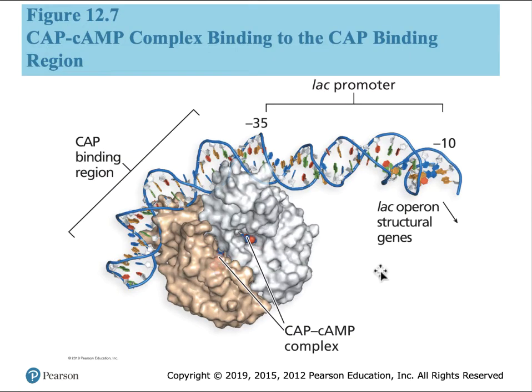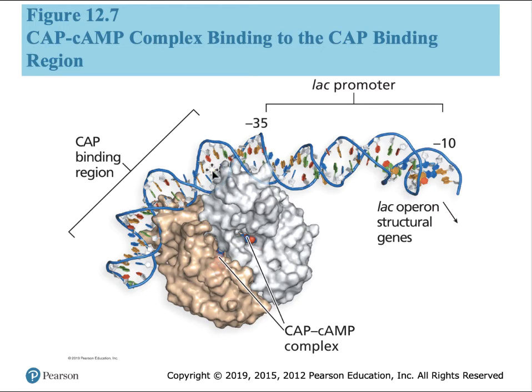Scientists have determined how the CAP-cyclic AMP complex interacts with the CAP binding site and the maneuvers that it performs to encourage the binding of RNA polymerase at these very high levels.